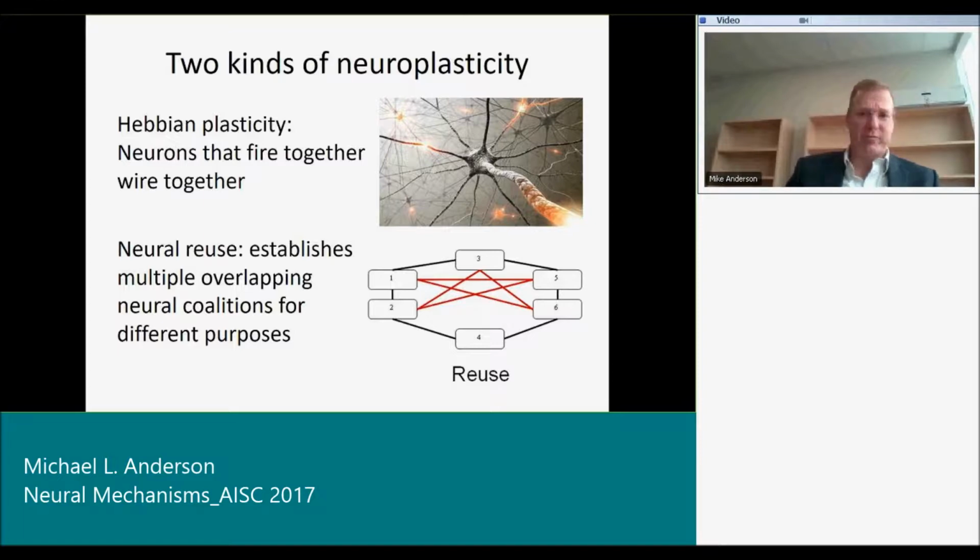But there's also another kind of neuroplasticity that I've been calling neural reuse. And what neural reuse does is establish multiple overlapping neural coalitions for different purposes. So the same parts of the brain might be involved in several different kinds of tasks, but they will cooperate with different partners in each of those tasks.